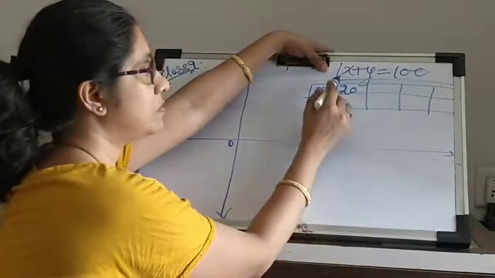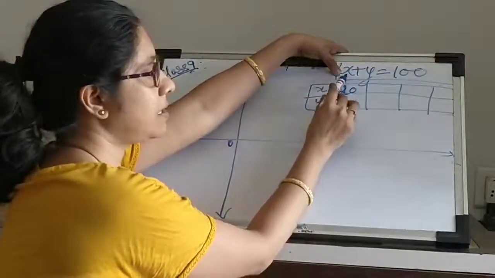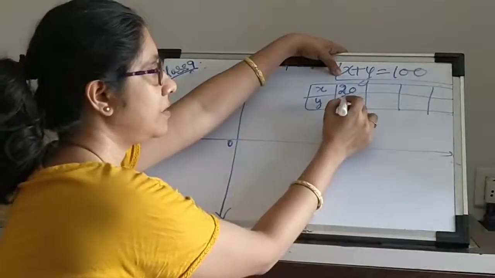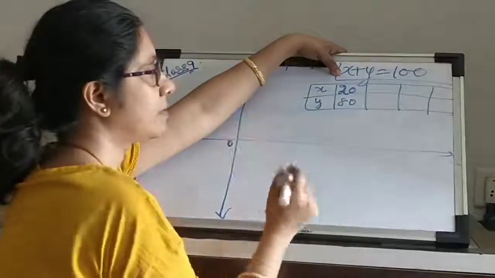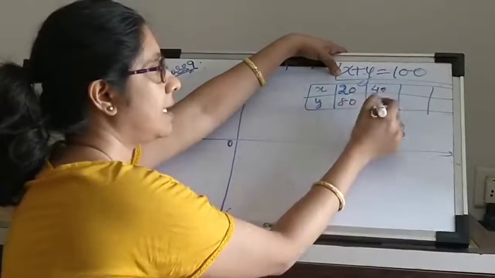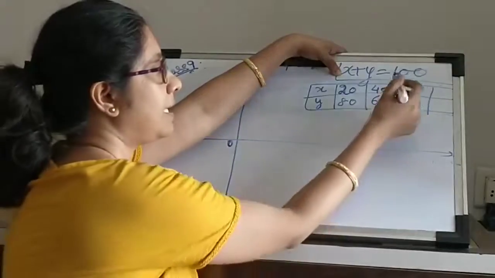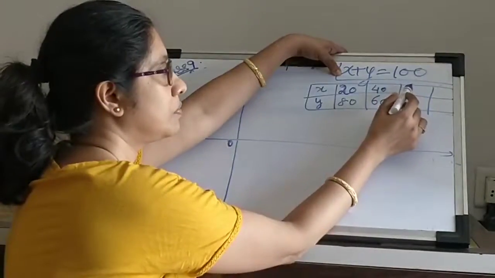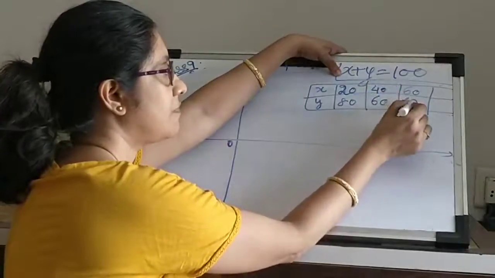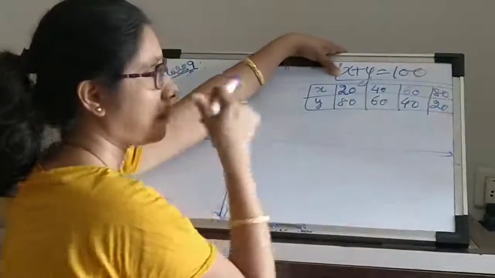For x equal to 20, if I replace x with 20 here, what do I get as the value of y? I get 80. For x equal to 40, I get y as 60. For x equal to 60, I get y as 40. And for x equal to 80, we get y as 20.